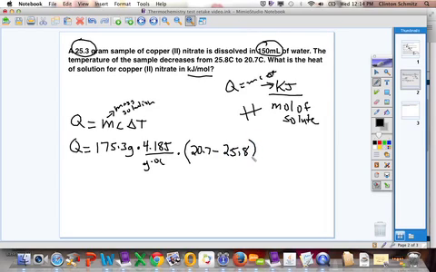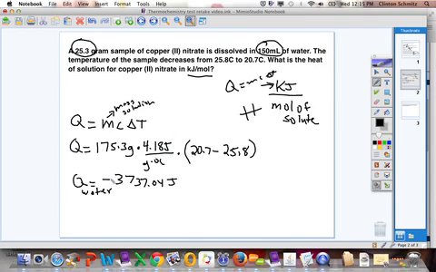When we do all this math, we end up getting that Q equals negative 3,737.04 joules.